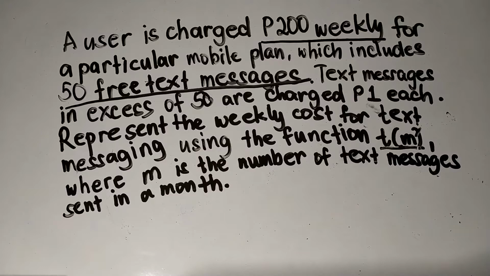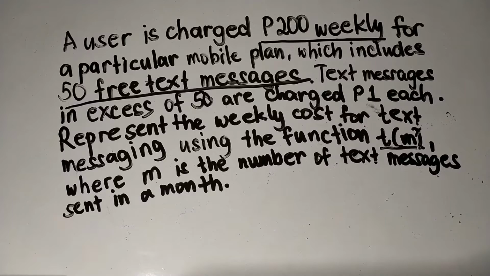So, yung mobile plan, meron siyang 50 free text messages, 200 per week. Ngayon, may kondisyon. At bawat excess daw, bawat sobra sa 50, after na 50, pag sumobra, may charge na piso. So, i-represent natin yung weekly cost of text messaging using the function T of M, where M is the number of text messages. Now, ang piecewise function, pag nagre-represent tayo, dapat alam natin yung mga conditions.